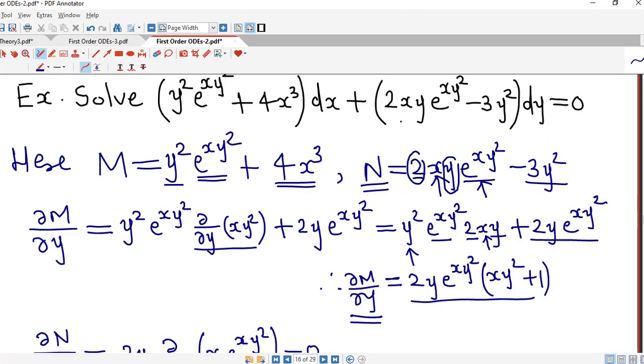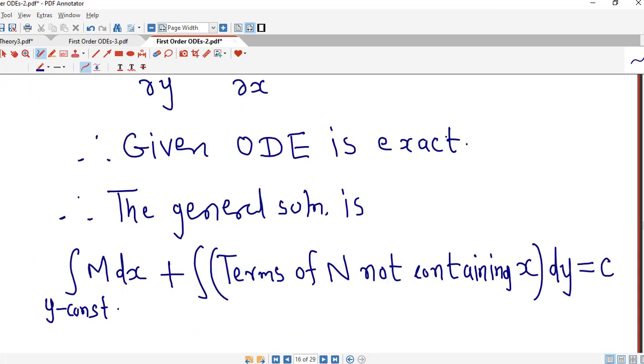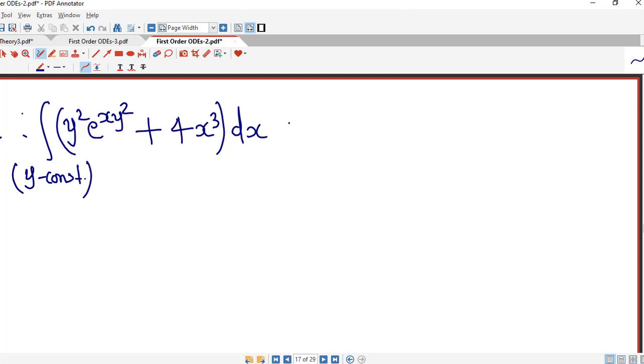Capital N is 2xy e raised to xy square minus 3y square. So this first term contains x, so we will not consider it. The second term is minus 3y square, it does not contain x, so we consider only minus 3y square, plus the integral of minus 3y square with respect to y equal to c.